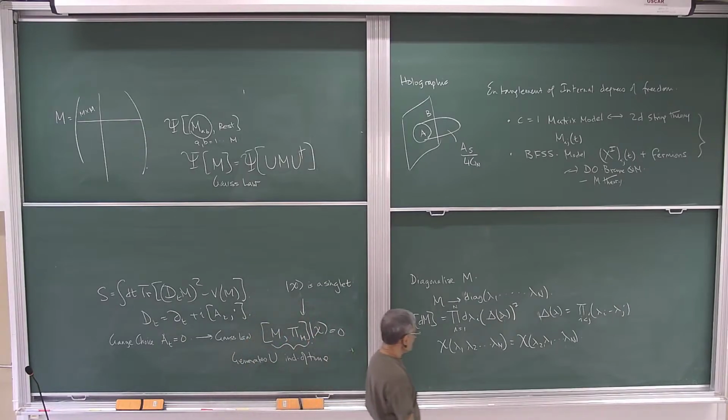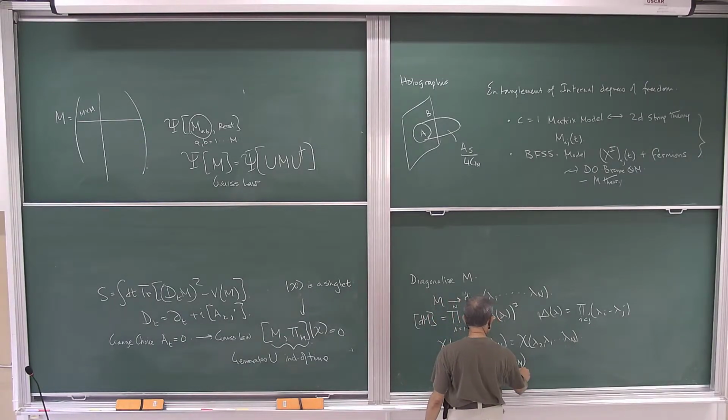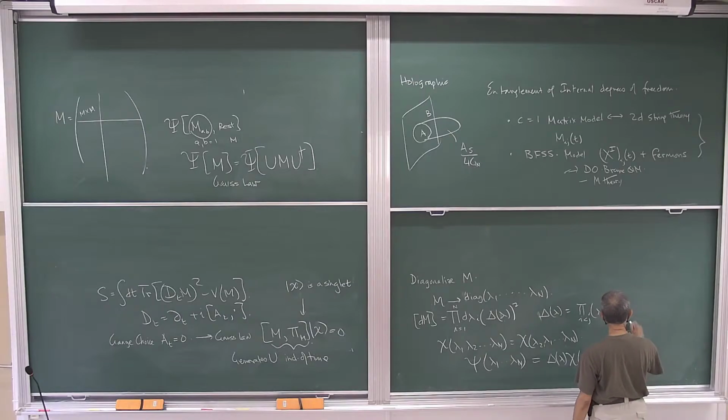So symmetric wave functions. Probably the best way of thinking about it is to define a new wave function where you take a factor like this, and then the new wave function is antisymmetric.